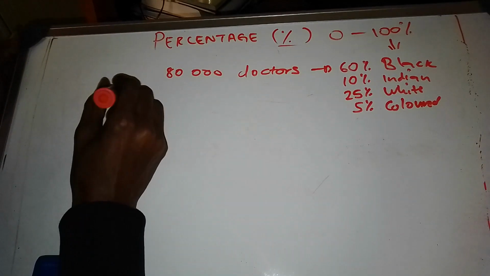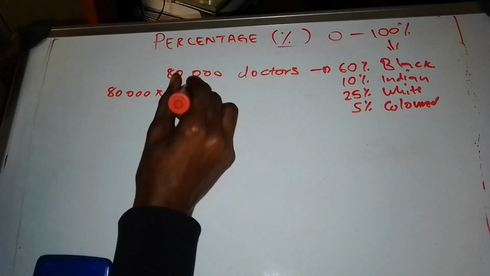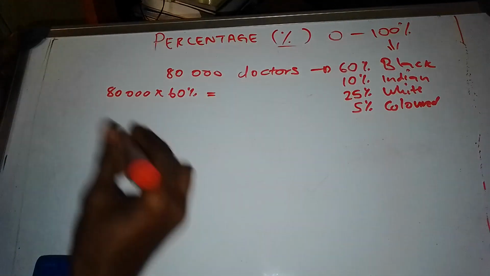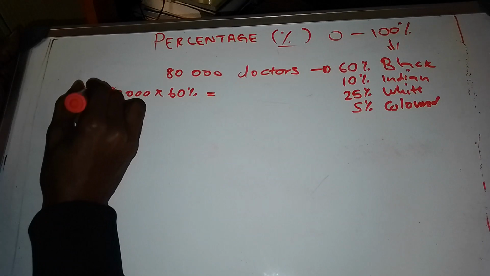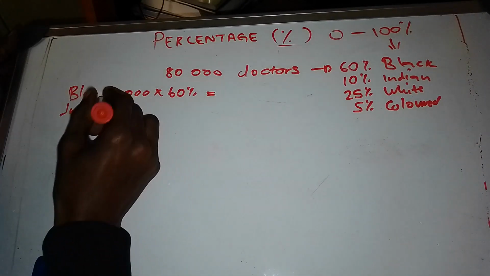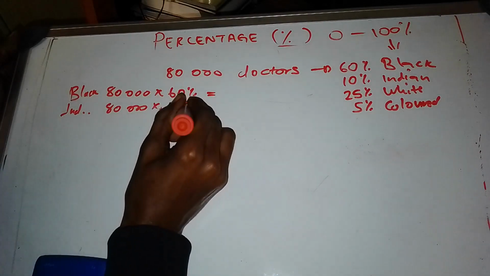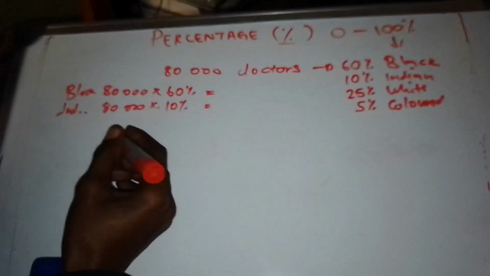So you will take 80,000, you say times 60%, you get black. Then Indian, you will say 80,000 times 10%, which represents Indians.